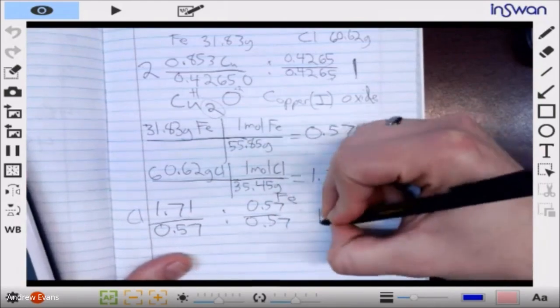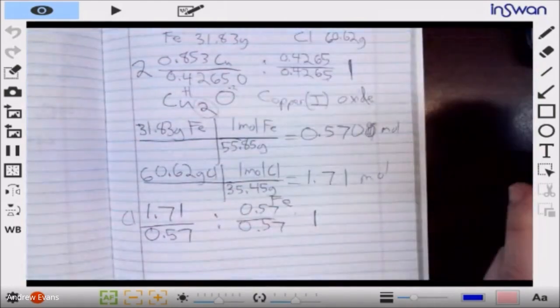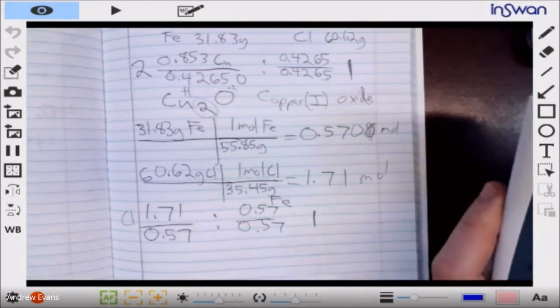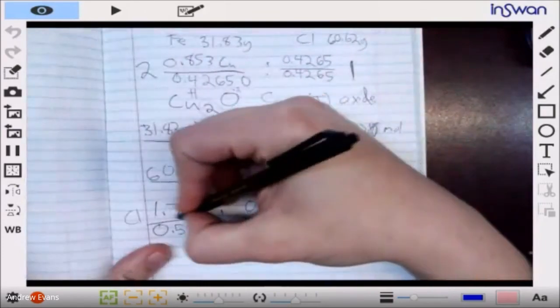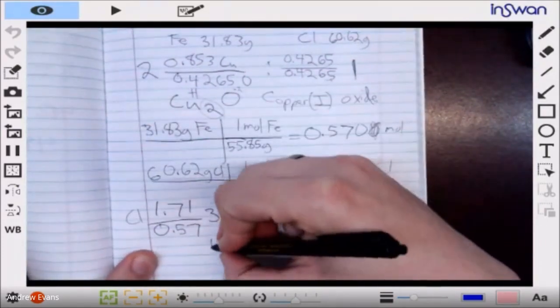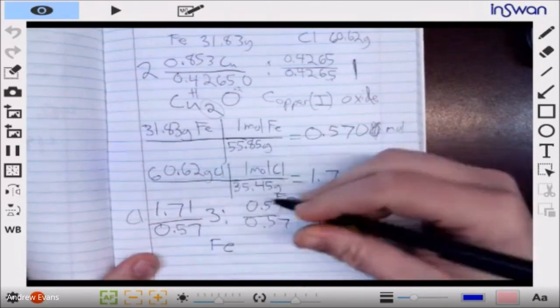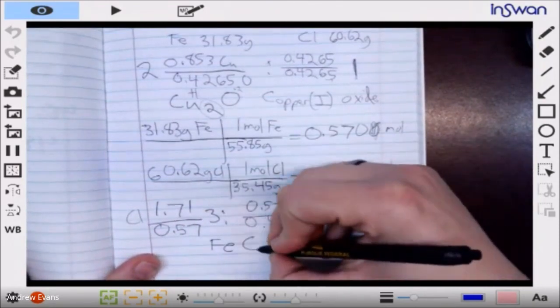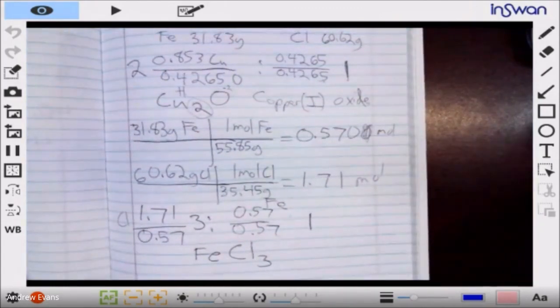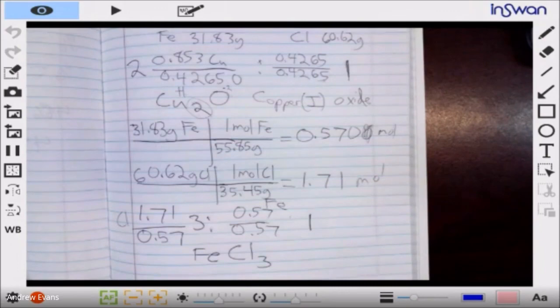For every 1 iron, we have 3 chlorines. Instead of being FeCl2, we actually have FeCl3, because iron weighs like a little over 30% more.